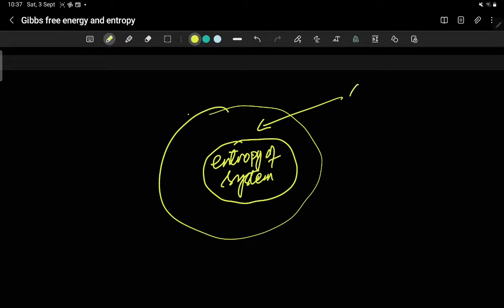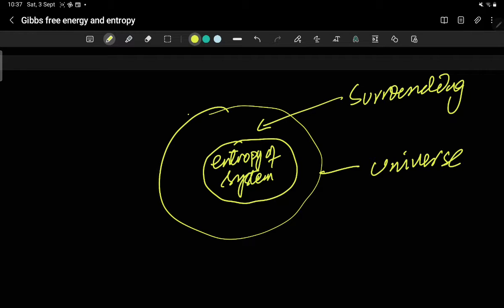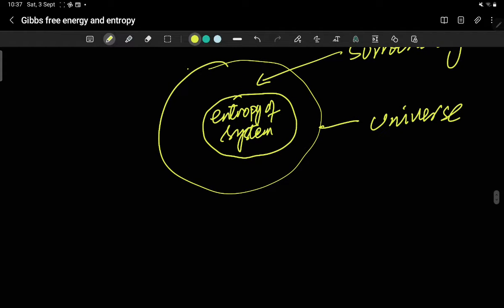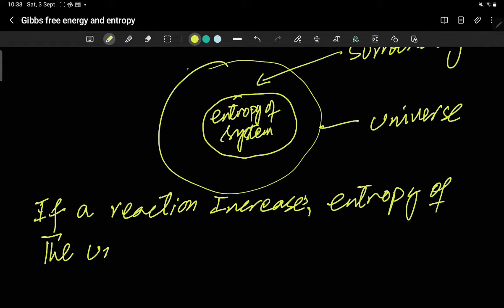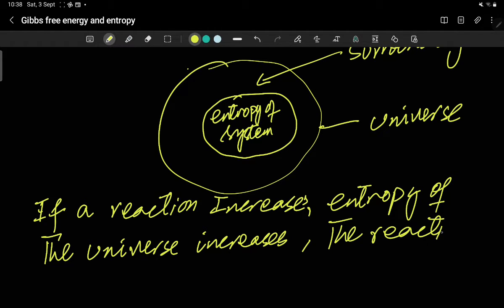This is surrounding, and if this is the universe, we can say that if a reaction increases the entropy, the entropy of the universe increases, and the reaction would be spontaneous.